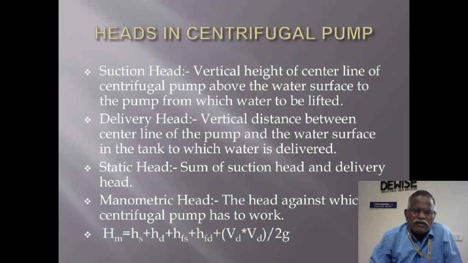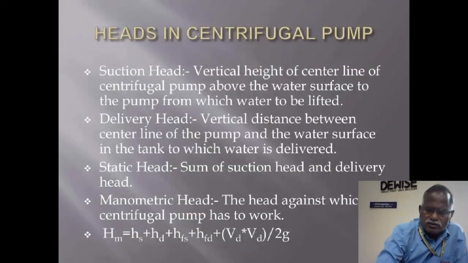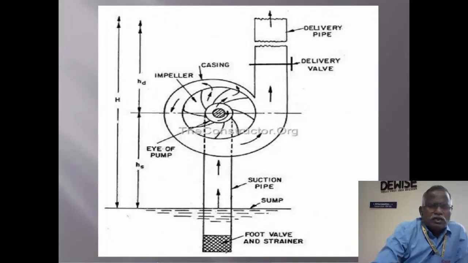Manometric head is the head against which a centrifugal pump has to work, according to the formula Hm = Hs + Hd + Hfs + Hfd + Vd²/2g. This is the diagrammatic view: Hs suction, Hd delivery, total static head H, casing, delivery valve, suction valve, suction pipe, sump.